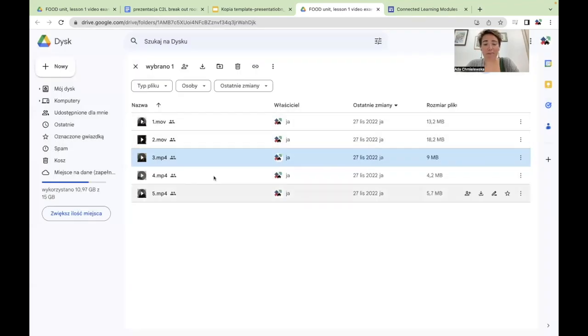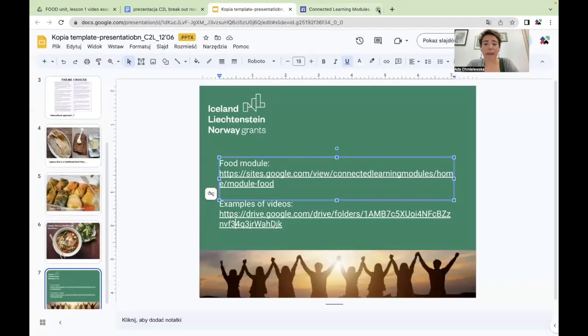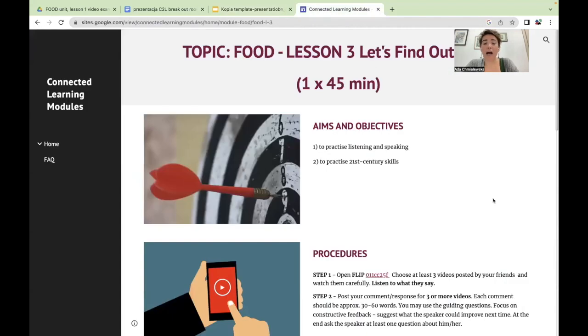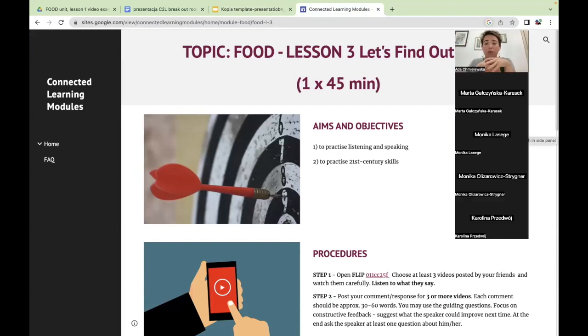So we've got here 5 examples of some of the students' work. They uploaded their videos to Flip, which we recommend using. When the teachers established the deadline and the videos were available, students from the collaborating schools exchanged the links.